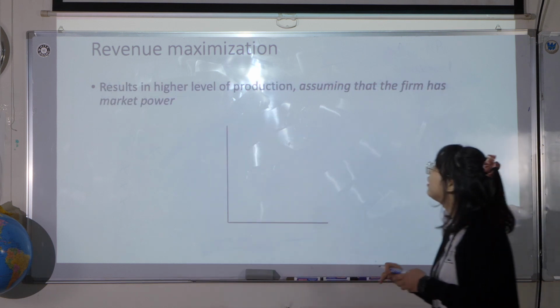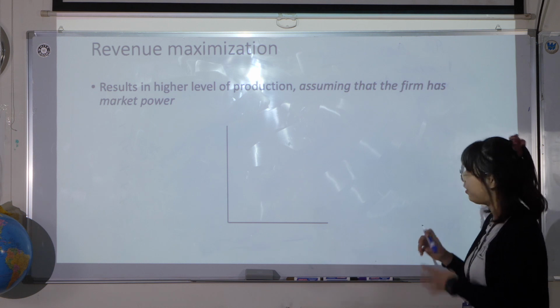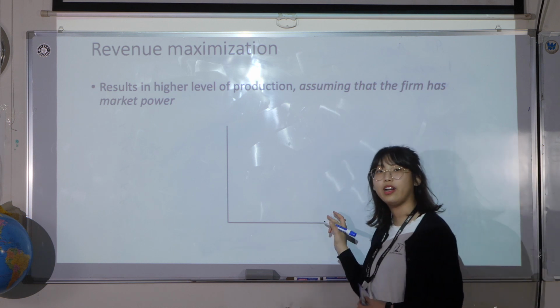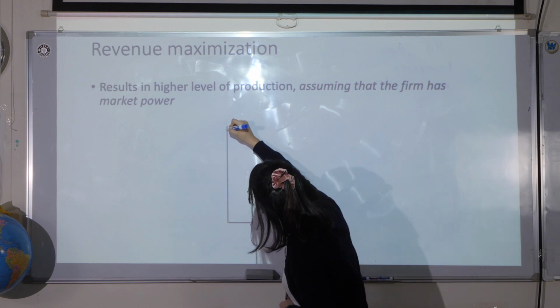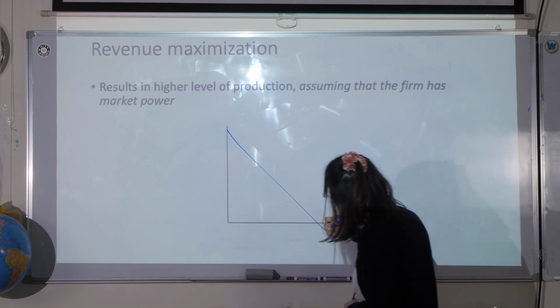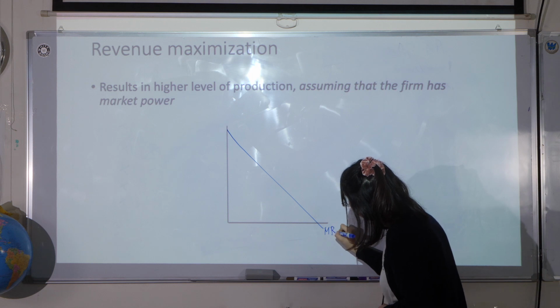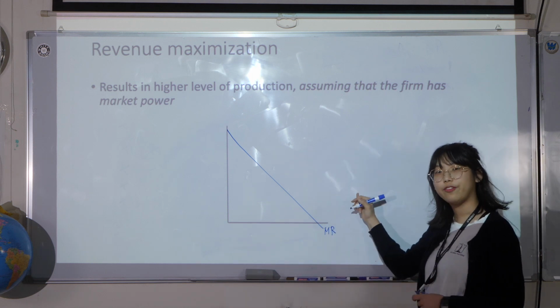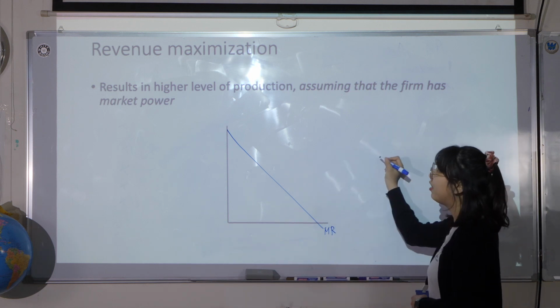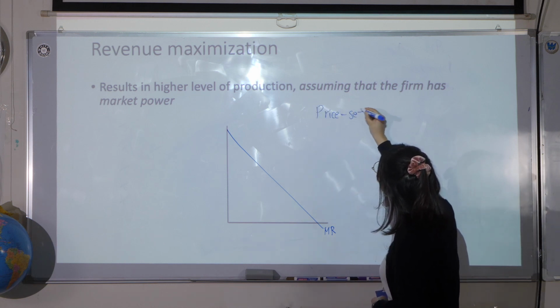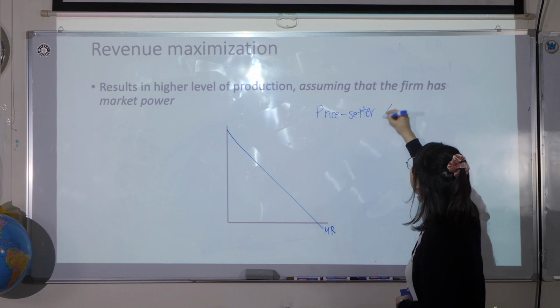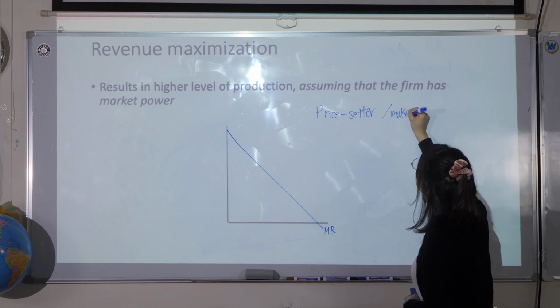Let's move on. To identify the point where a firm is maximizing their revenue, we use the marginal revenue curve. This case is only when the firm has market power, meaning that the firm is a price setter or a price maker, whatever you want to call it.